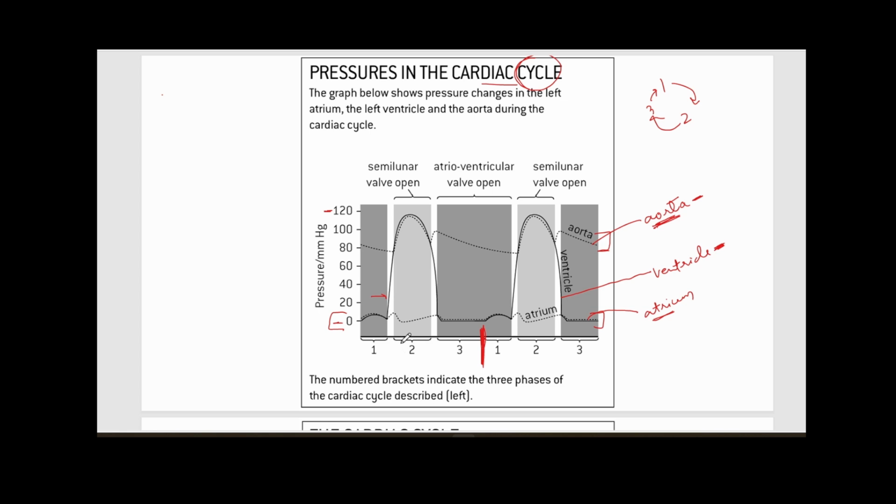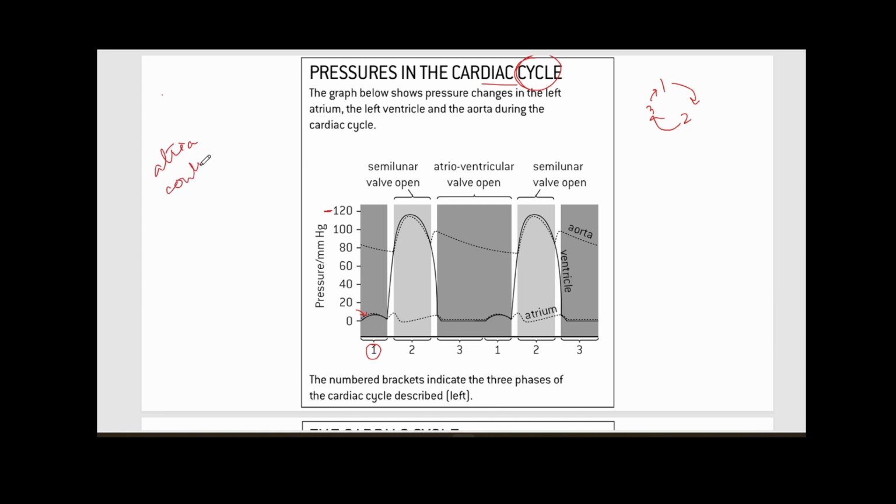So let's see how the cycle starts. In the first stage, we are focusing on the first number over here. Which line is going up first? It is the atria, right? So in the first stage is when the atria contract.